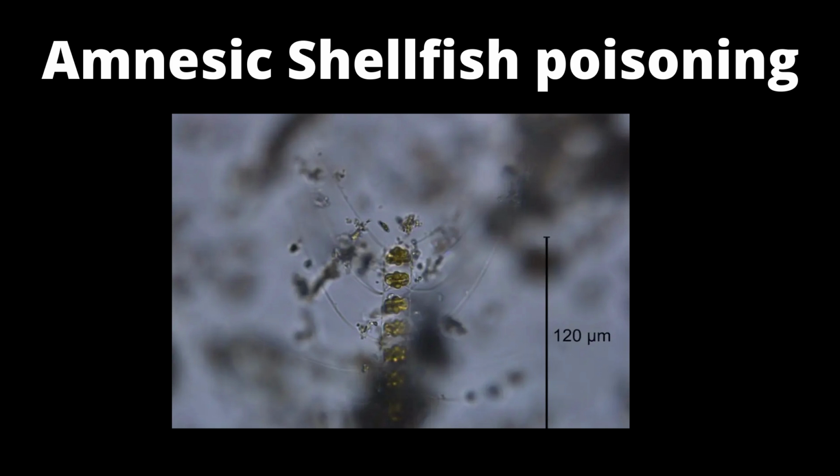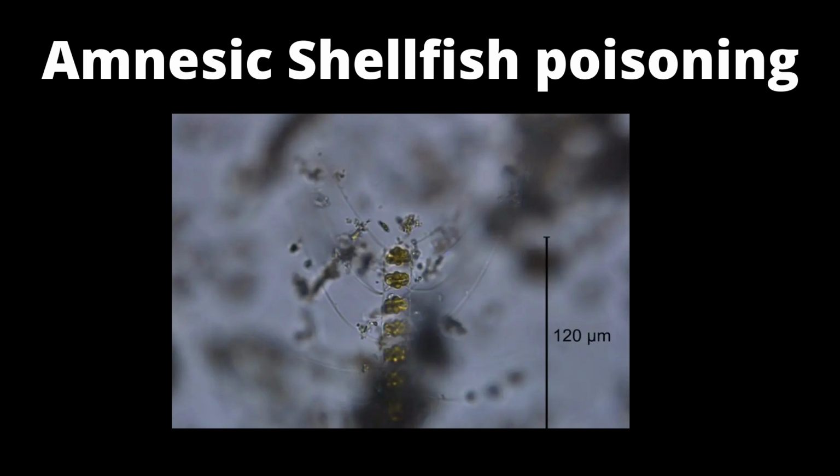Now, from the previous slides, we learned that brevetoxin is released when algae like dinoflagellates and diatoms are releasing these toxins. Now, when animals such as shellfish come near these toxins, there are people who eat these animals.